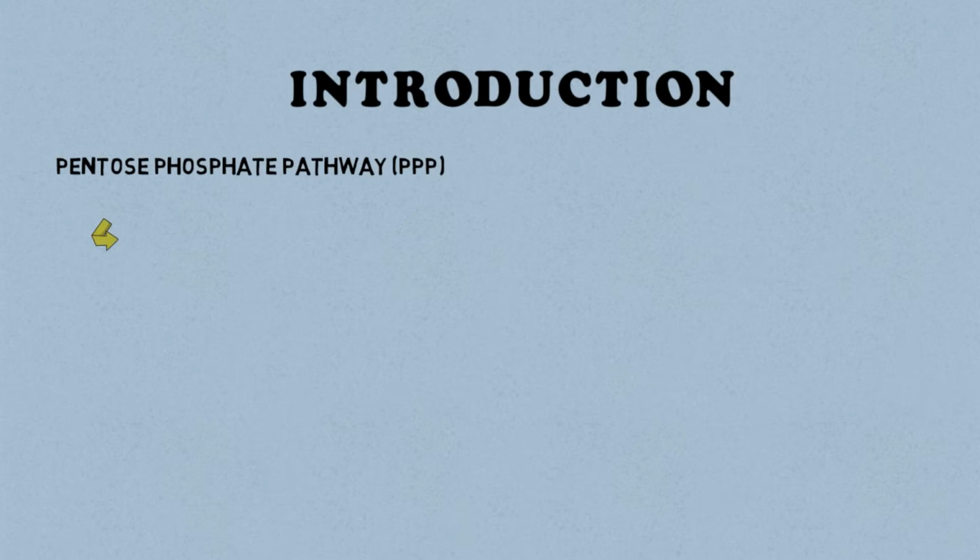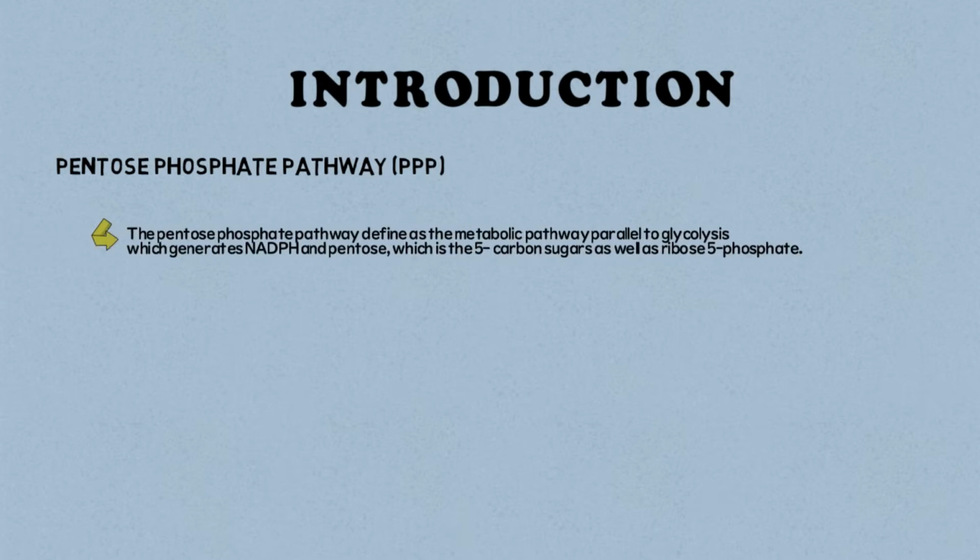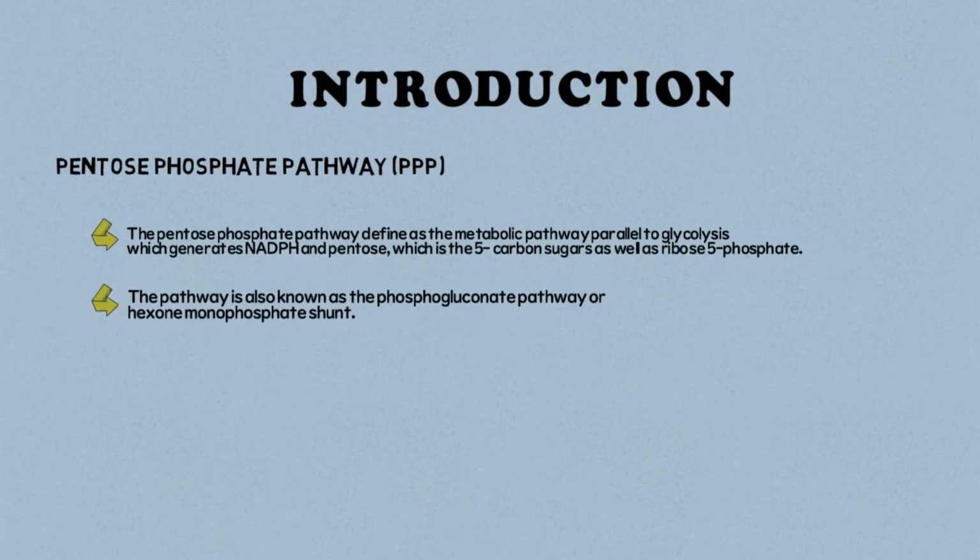The pentose phosphate pathway is defined as the metabolic pathway parallel to glycolysis, which generates NADPH and pentose, which are 5-carbon sugars, as well as ribose 5-phosphate. The pathway is also known as the phosphogluconate pathway or hexose monophosphate shunt (HMS).